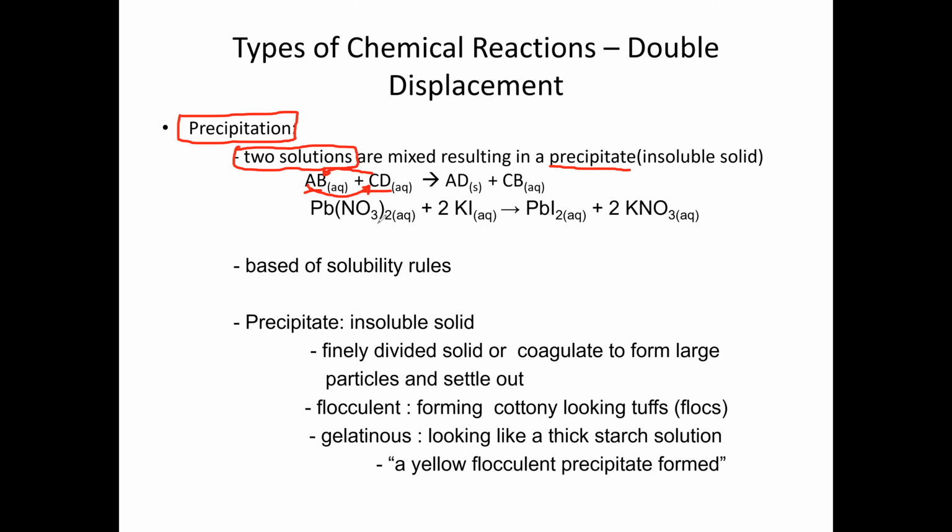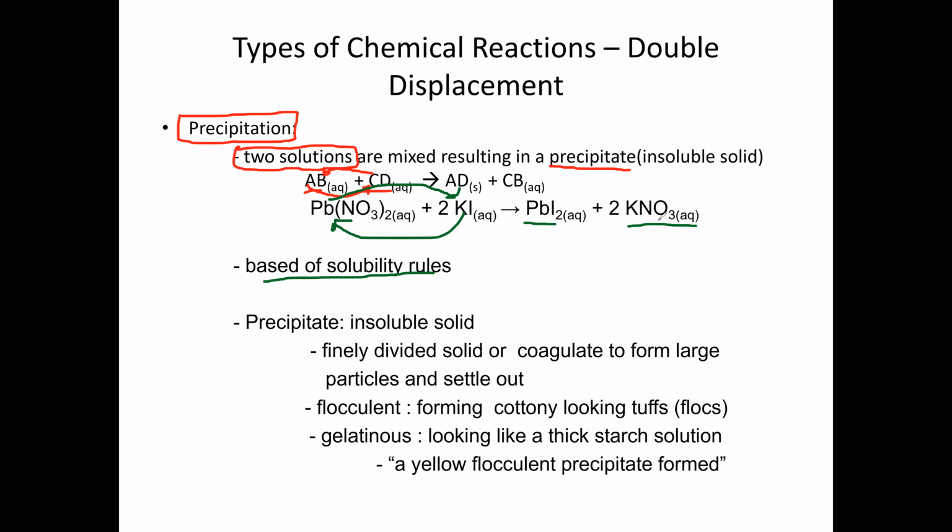So we take lead nitrate and potassium iodide. Lead and potassium switch positions. We get lead(II) iodide and potassium nitrate. Now you will use what's called the solubility rules to help you identify if lead(II) iodide or potassium nitrate is soluble.